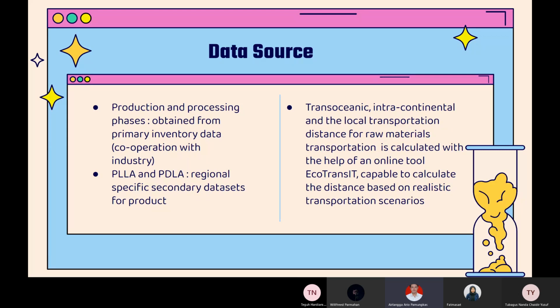And then the transportation includes transoceanic, intracontinental, and local transportation, whose distance is calculated by an online tool called EcoTransit, which calculates distance based on realistic transportation scenarios.